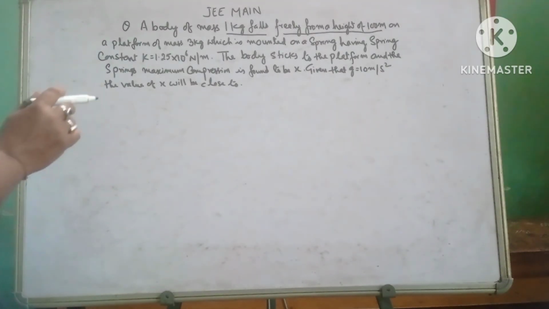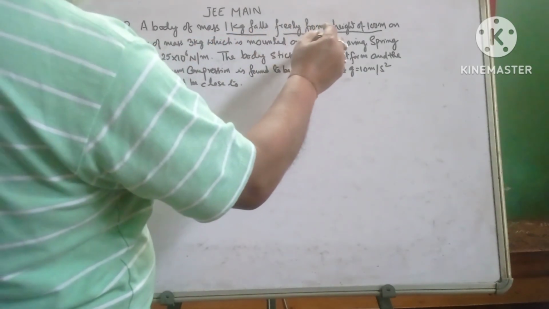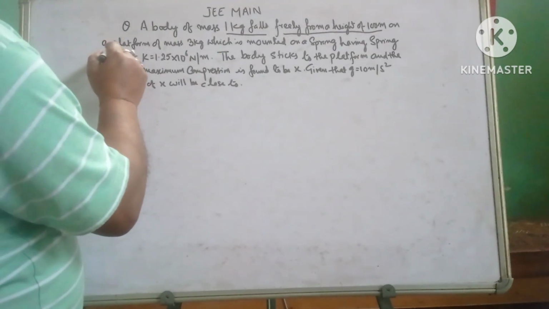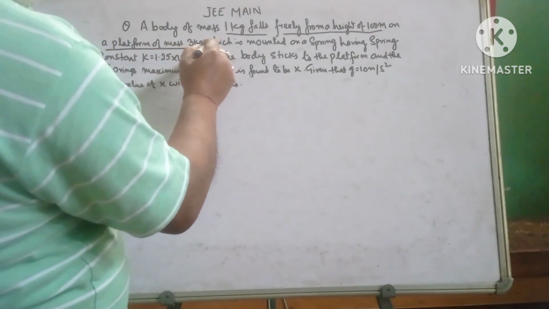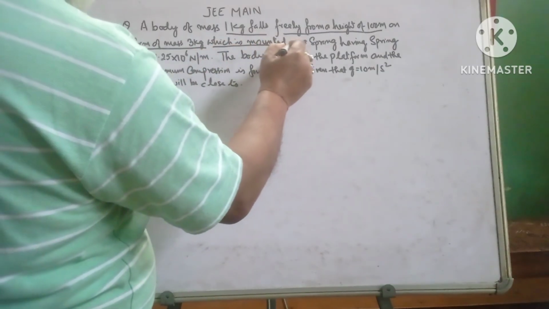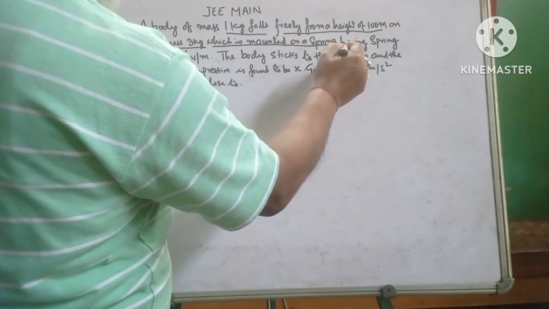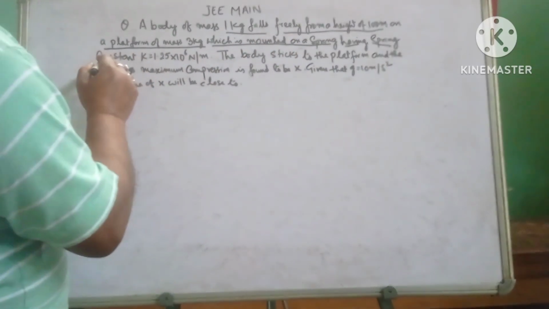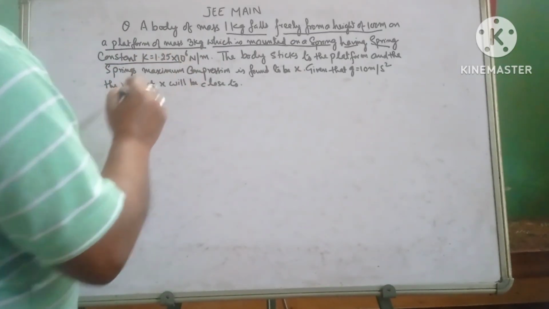So a body of mass 1 kg falls freely from a height of 100 meter on a platform of mass 3 kg, which is mounted on a spring having spring constant k.